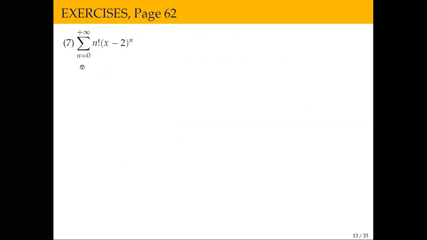As you consider any value for n, factorial times x minus 2 will be non-zero only if you consider values for x that is different from the center. First, let us call each term in this infinite series to be a sub n, so that a sub n be equal to this one for all n.